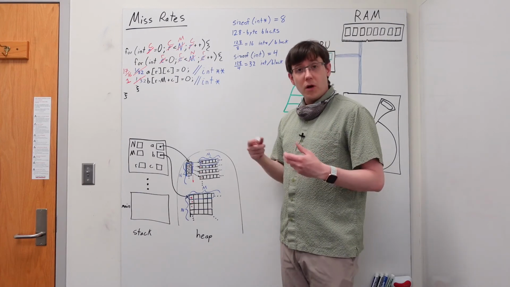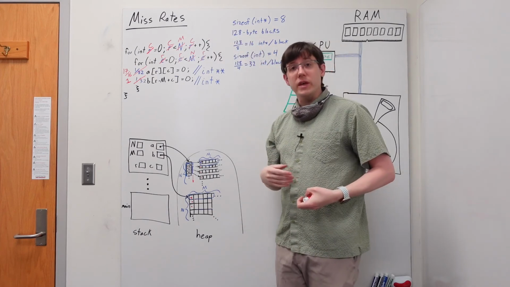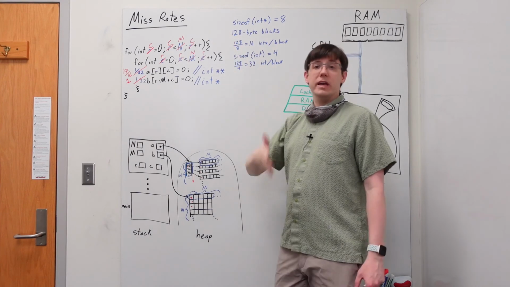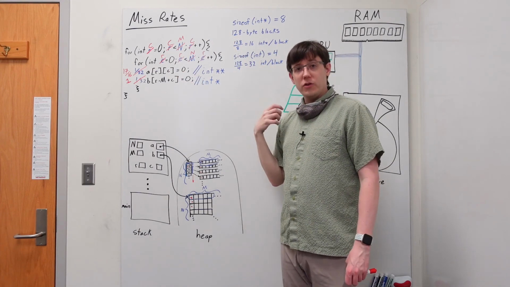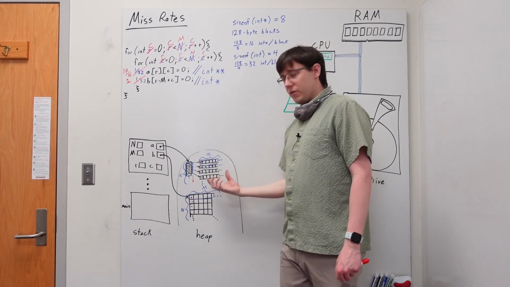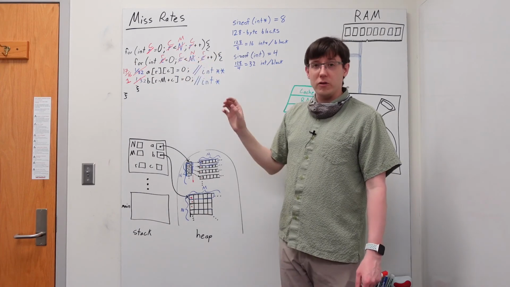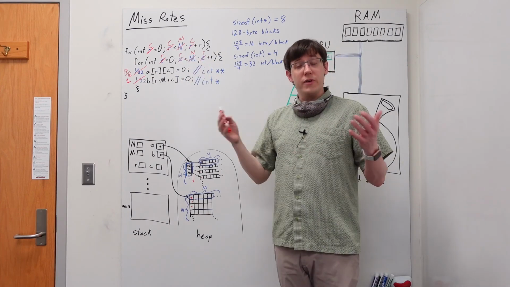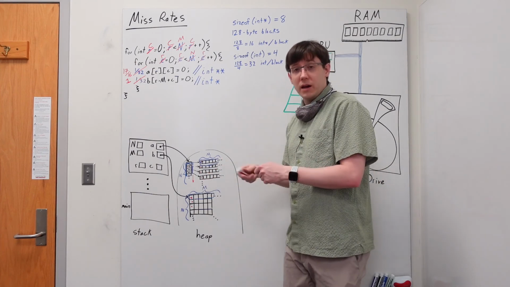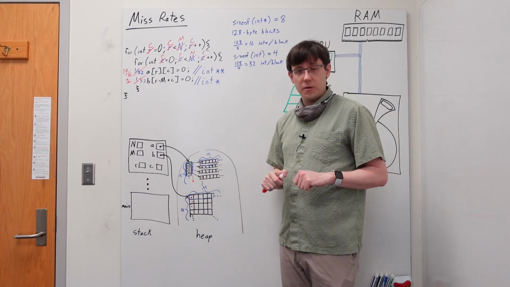We could, in principle, also think about what sort of locality we are getting in terms of the outer loop here. But for things that we accessed on previous iterations of the outer loop to still be in the cache, it must be the case that the total amount of data that we brought in while iterating through the inner loop was not enough to fill up the cache, and therefore the things that we brought in a long time ago and haven't been using could still be in the cache.